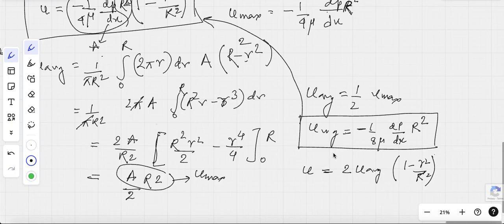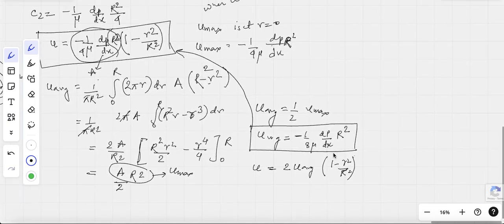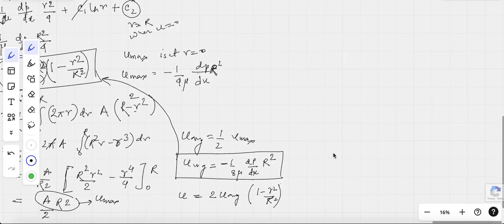Okay, now we will find, this is a pipe, right? This is a cross section of a pipe, and there is a shear stress tau.